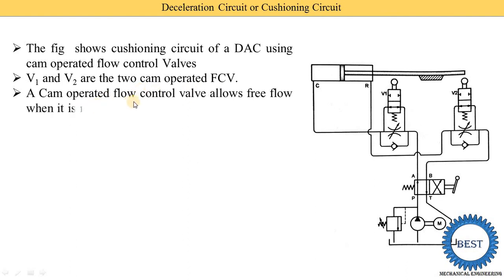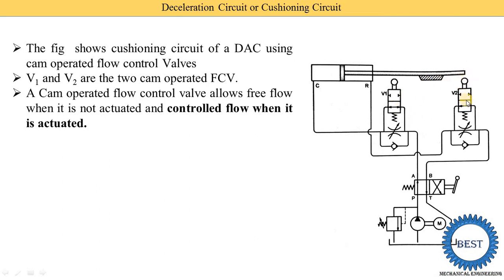A cam operated flow control valve allows free flow when it is not actuated. Actuated means it is operated, or pressed. When the cam of the piston rod presses this valve, then it is actuated.